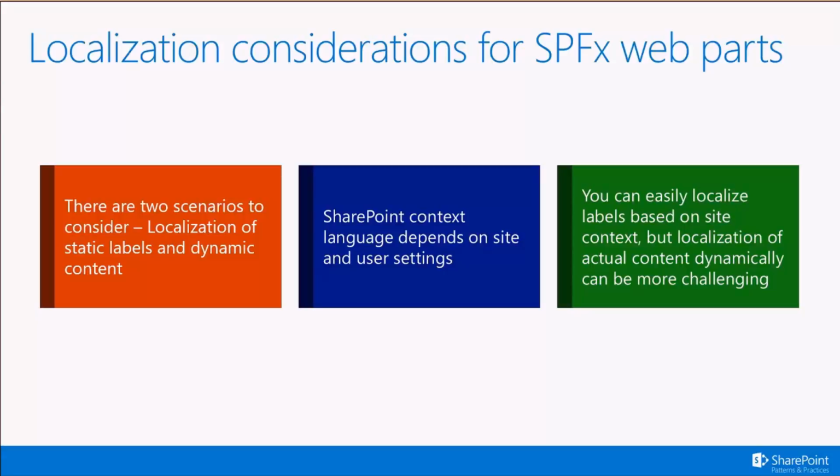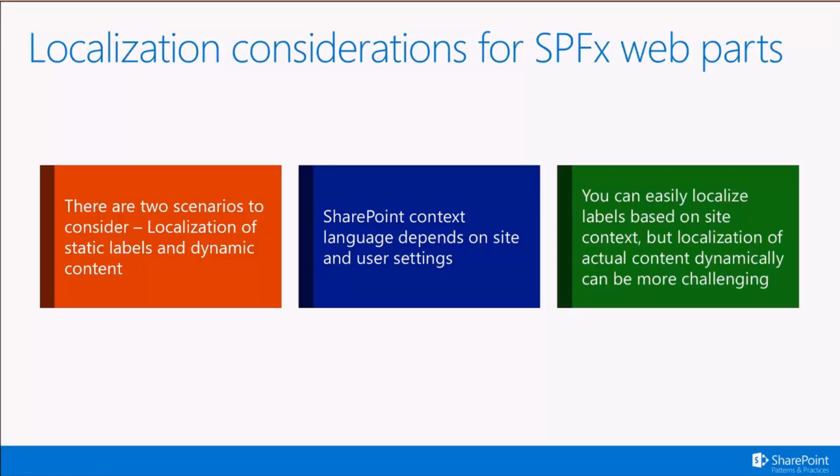The SharePoint context language actually depends on the site settings and the user settings. So there are two elements to the selection of a UI language. The languages have to be first enabled on a site. By default, all of the 25 languages are enabled on the site regardless of the default language of the site.